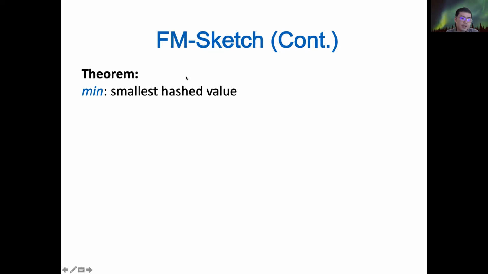What we do is we look at the stream, and we hash each value we see, and we keep the minimum hashed value, which means whenever we see a new item, we hash it and we see whether it's smaller than the current minimum value I see. If that's the case, I will replace it with the new minimum value, but its hashed value, so not the original value, not the original Apple ID or origin ID. It's the hashed Apple ID or origin ID, using the 2-wise universal hash.